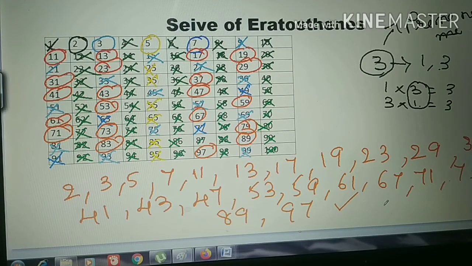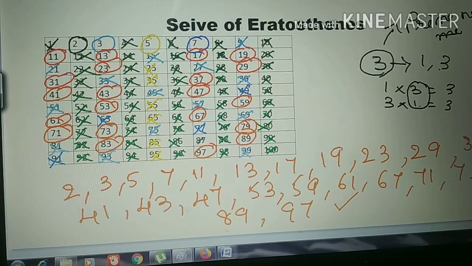So these numbers have only 1 and itself as factors. That means the factors are 1 and the number itself. These numbers will be called prime numbers.